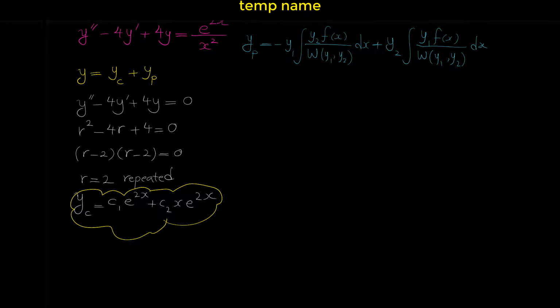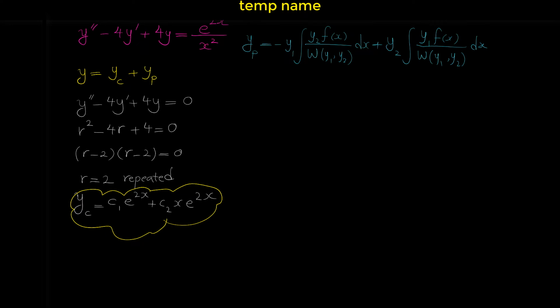For finding the particular solution of a second order non-homogeneous differential equation, we can use this formula. This formula is for the method of variation of parameters.